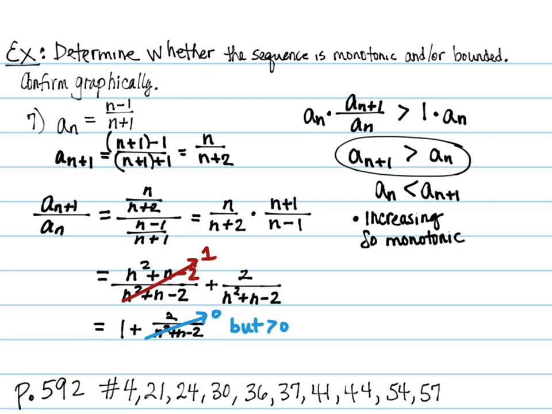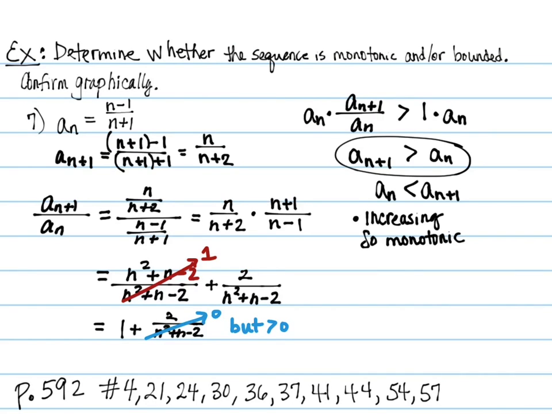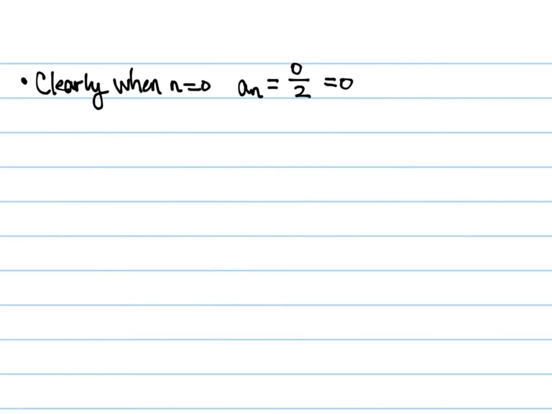All right, I'm running out of space on this screen. Let me go to the next screen and get a couple other facts. Might need to flip back and forth for a moment here. So some observations. My a sub n was n minus 1 over n plus 1.